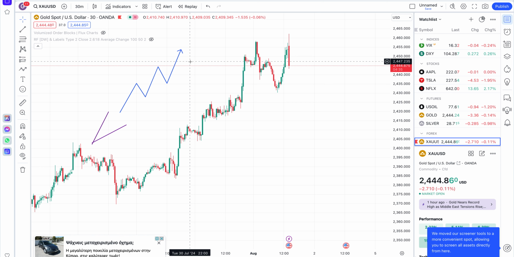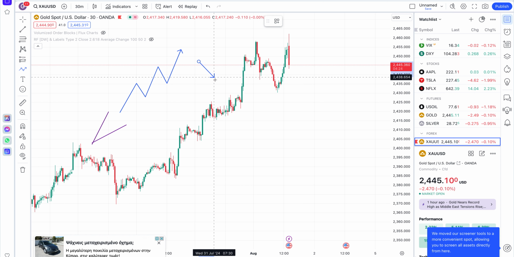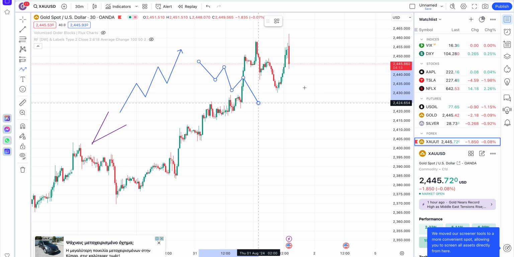So this is what an uptrend should look like. And likewise, that is what a downtrend would look like. A lower low and a lower high. And then a lower low, which is lower than the previous low, and then a lower high, and so on and so forth.